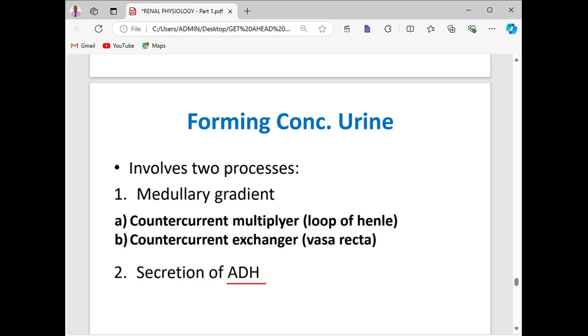Okay, let me just take you back to the countercurrent. One of the things that we need to take note of is that the countercurrent mechanism depends on increased osmolarity along the medullary pyramids, which is produced by the countercurrent multipliers and then maintained by the countercurrent exchangers.